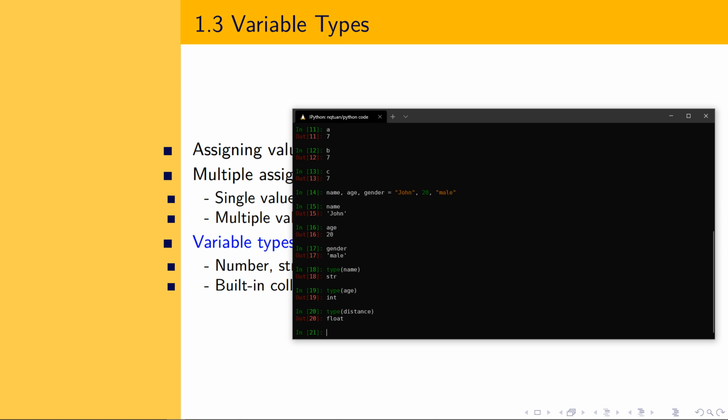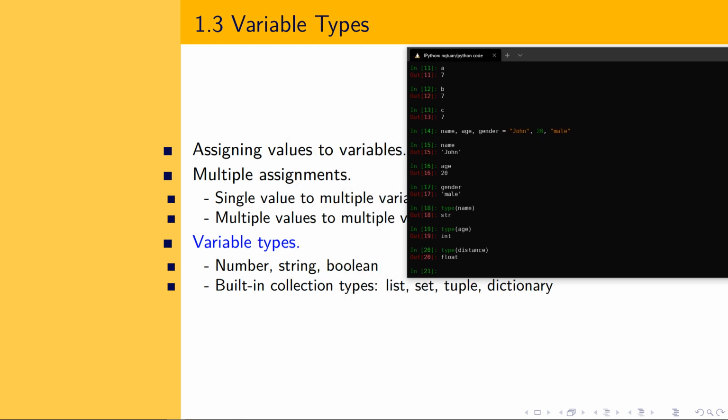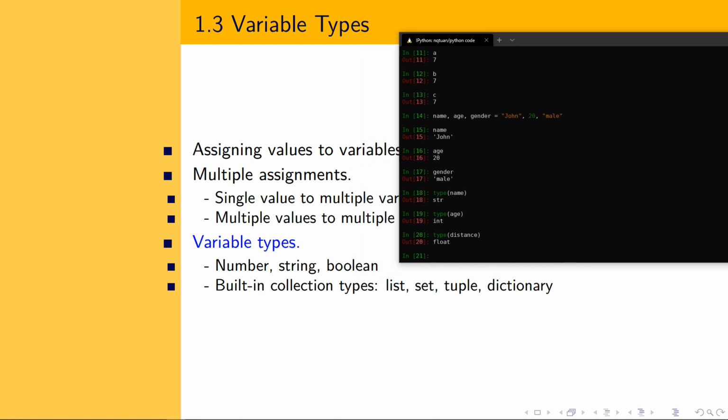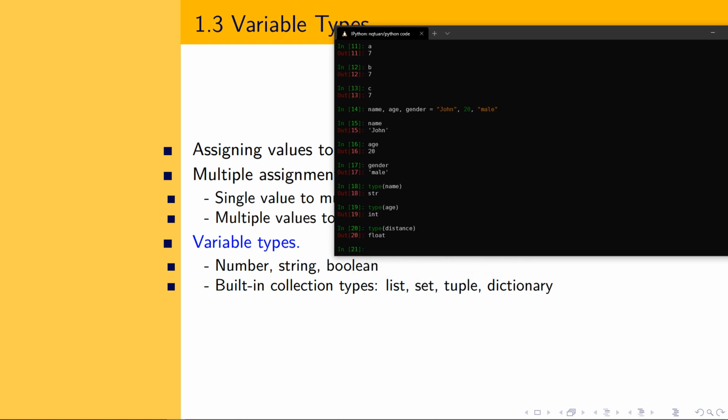And here I want to introduce that number, string, and boolean are very basic type variables in Python. You can see here this number may be integer or float, and string as well. And boolean is a kind of special variable.